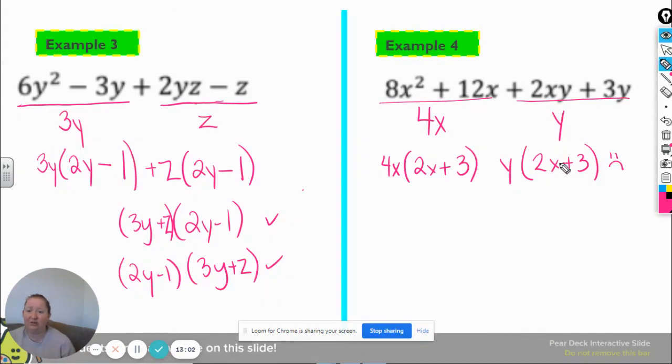And that is incorrect. Not good. So let's fix it. And how do we do that? A positive y. Okay, so now I have 4x plus y. That's one of my terms. And then 2x plus 3. And I only use this one time, right? And so final answer.